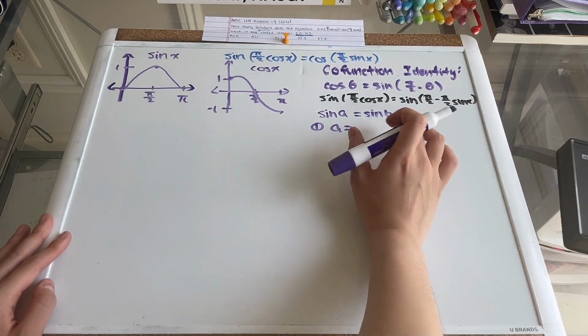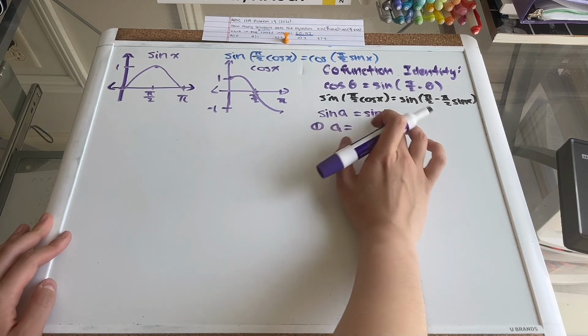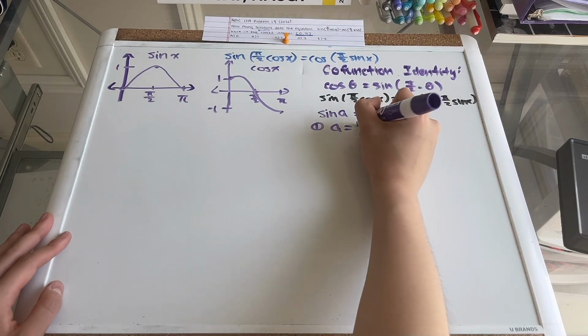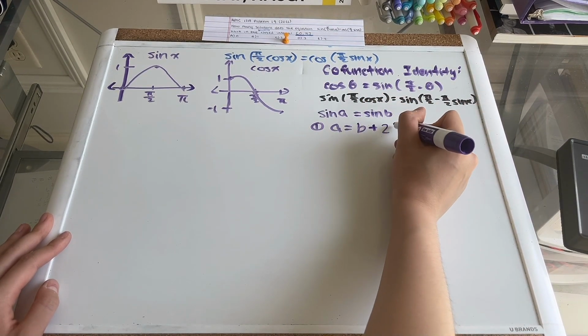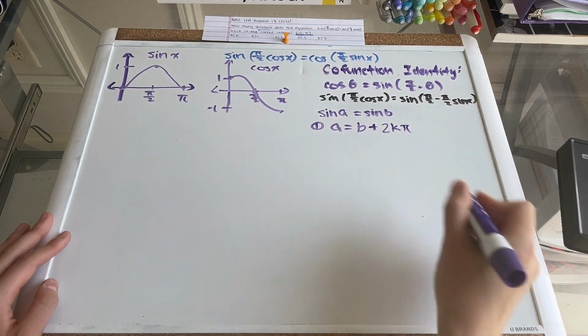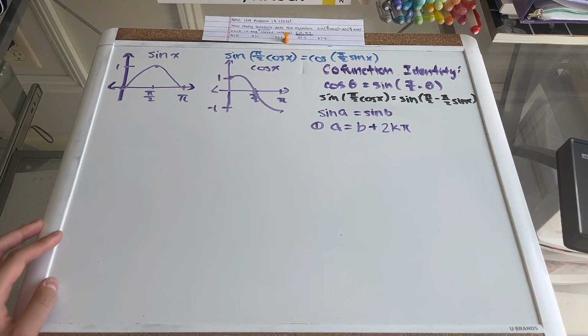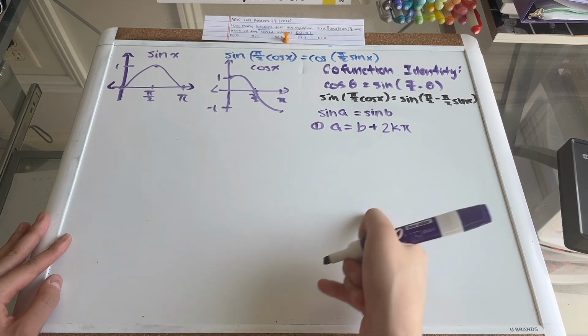So it is saying that if the sines of these two angles are equal, it doesn't mean that the angles have to be the same, but they have to be the same variation of the angle. So A has to be equal to B plus a certain number of circles, where 2 pi is one circle. We don't know how many circles, so that would be 2 pi k, where k has to be an integer, or else it wouldn't be a full circle.